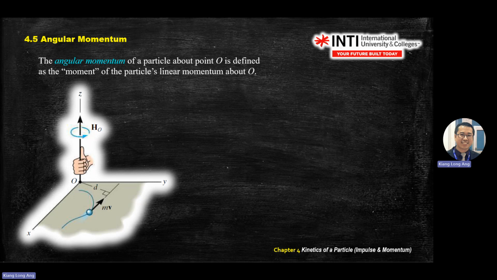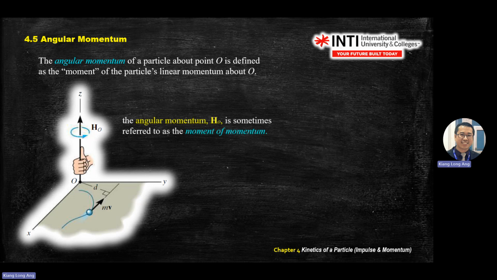F is a vector, so same, mv also is a vector, right? So you use your right hand rule for the direction of angular momentum. For example, if this case is in this direction, the direction is going up, following your fingers.